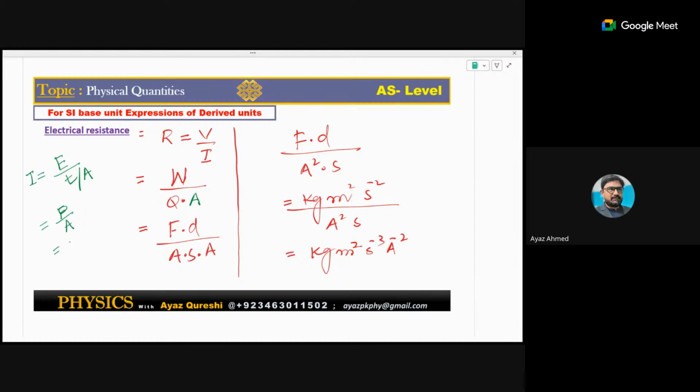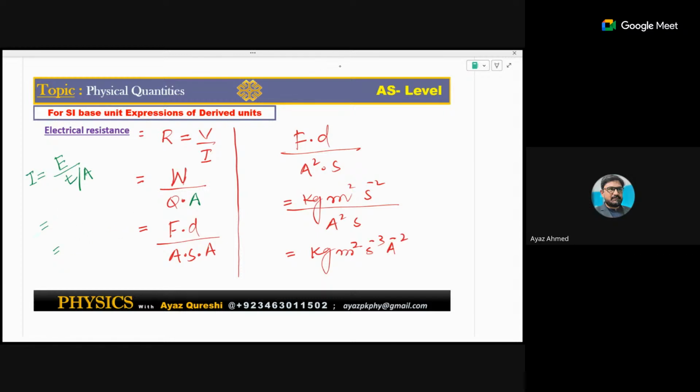So again, power is your kg m² s minus 3, because we did it in the last. But if you have a show type question, then you have to show it by making that power is equal to energy divided by time. So then you will not actually go to this side.